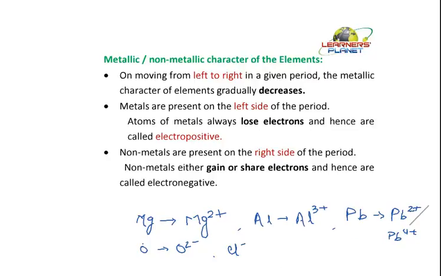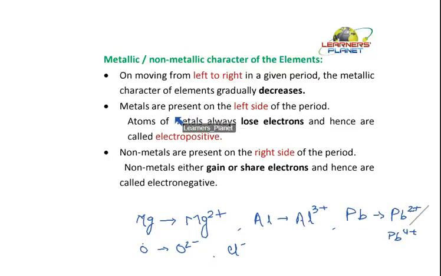And on the basis of this we will grade them along the period. On moving from left to right in a given period, the metallic character of elements gradually decreases. How?